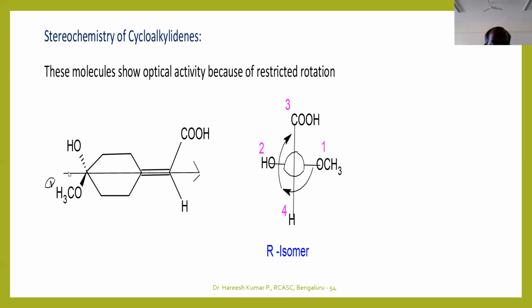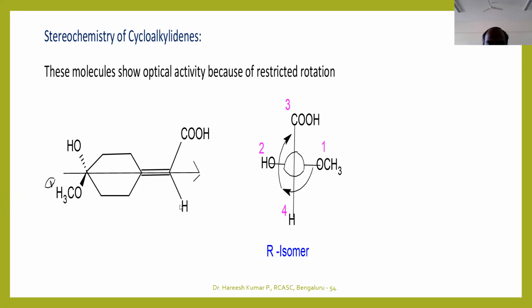When the chiral axis is passing through this, these groups are nearer groups and these two groups are far groups. Always the nearer groups take the priority compared to the far groups. The passing chiral axis is what you have to consider when assigning R and S configuration to the alkylidene.